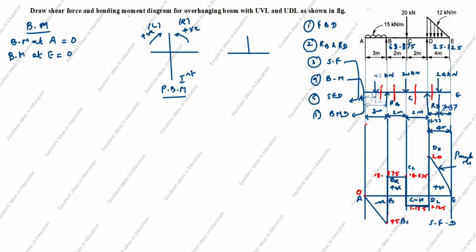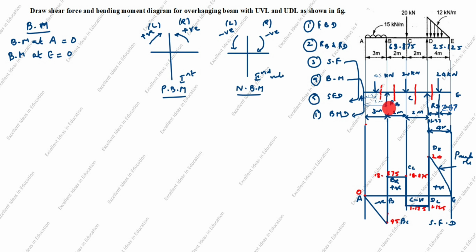Second rule: anti-clockwise is positive, clockwise is negative. This is left side, this is right side. This is negative bending moment.